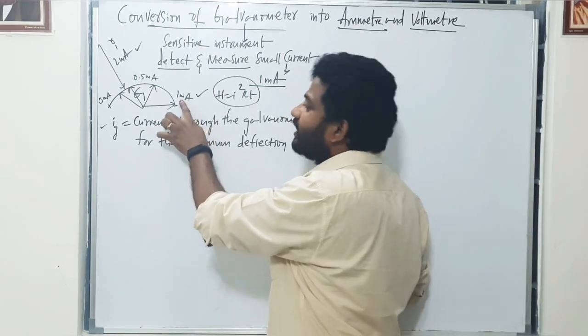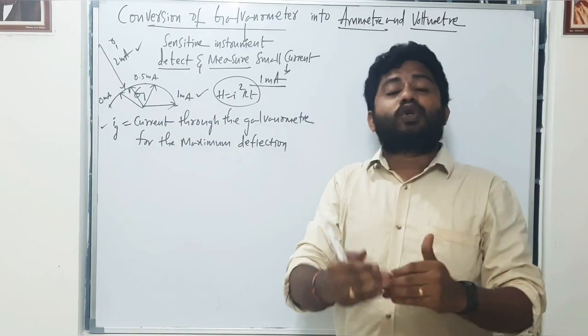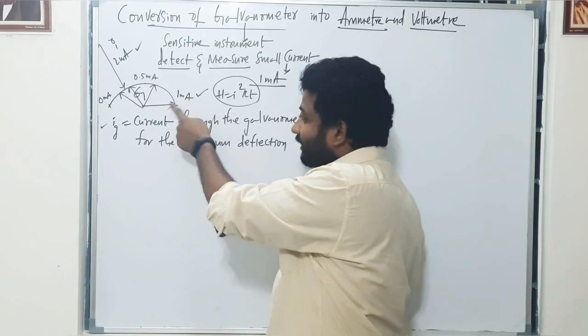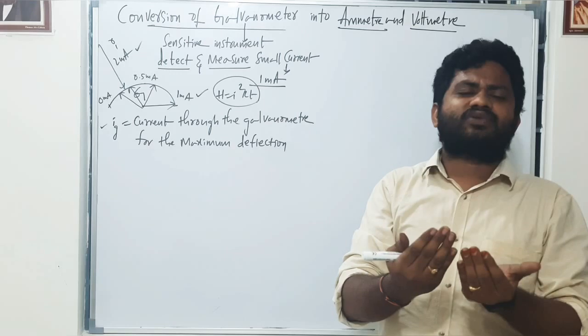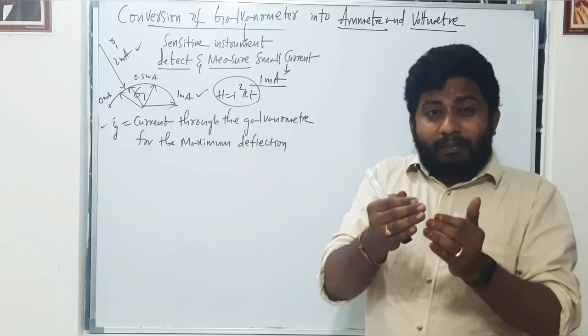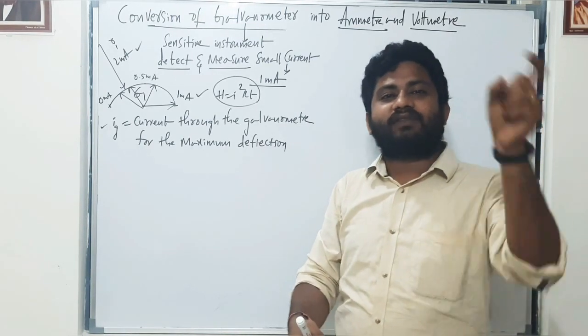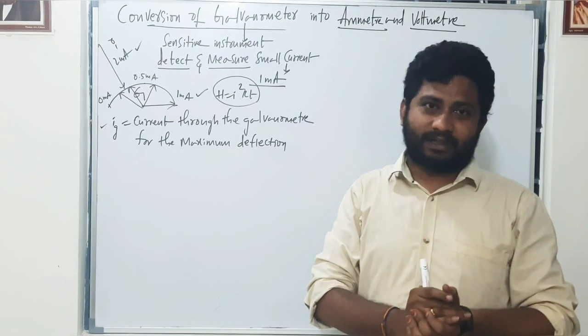Because the maximum deflection it could notice is 1 milliampere. For example, I am talking about, right? Some moving coil galvanometers may be less than this or greater than this, whatever it may be. But generally, galvanometers were made to measure the maximum deflection for the current of 1 milliampere. For experimental purposes, I am telling you.